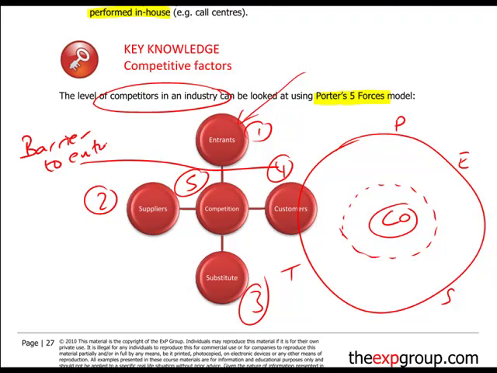So if you're a mobile phone company, for example, like Orange or Vodafone, a barrier to entry to prevent new companies coming into that market would be a government license, for example. We then have suppliers, customers, substitutes, and competition.